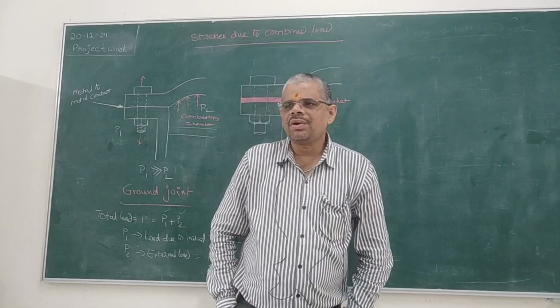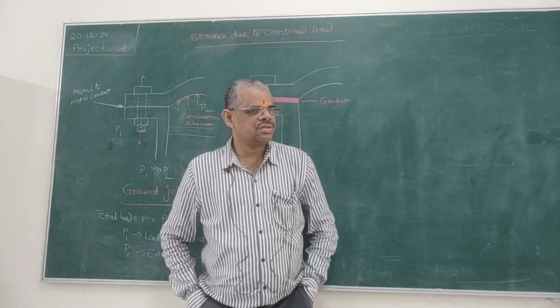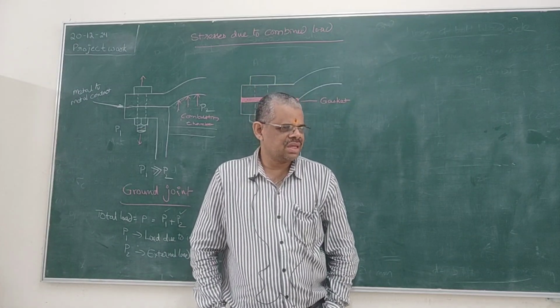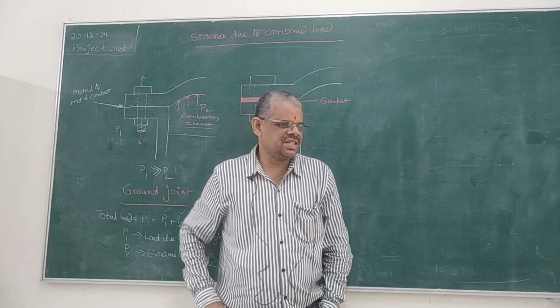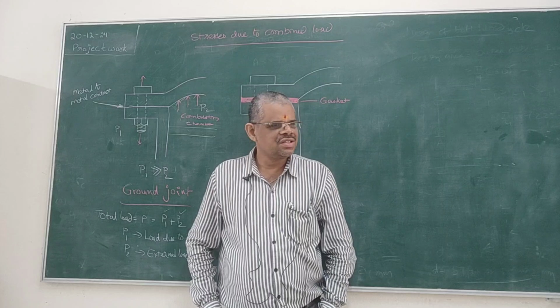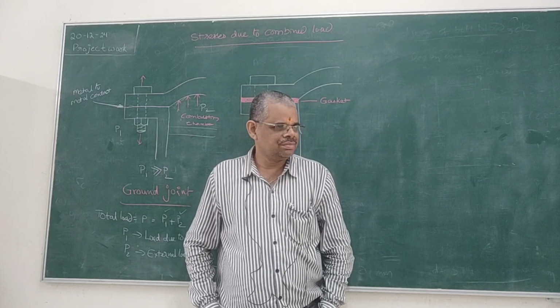And even if you observe our pressure cookers, which are used to cook at our home, it also consists of a gasket. Have you observed it? A cylindrical gasket, a soft rubber gasket. What is the purpose of that gasket? That's also used to prevent leakage of pressure, leakage of steam.